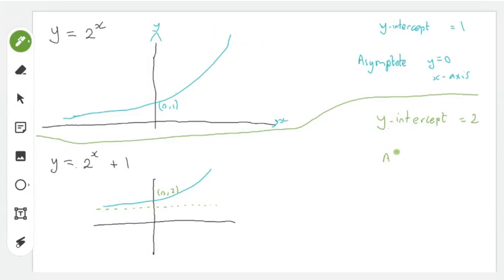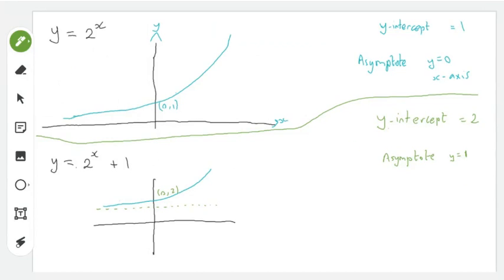So when we say 1, just 1? y equals 1, that's it. And this is one reason why I prefer to write the asymptote as y equals rather than the x-axis, because it makes it easy to see, okay, you're adding 1 to all the y values. So that means the asymptote also goes up by 1. And that's it.